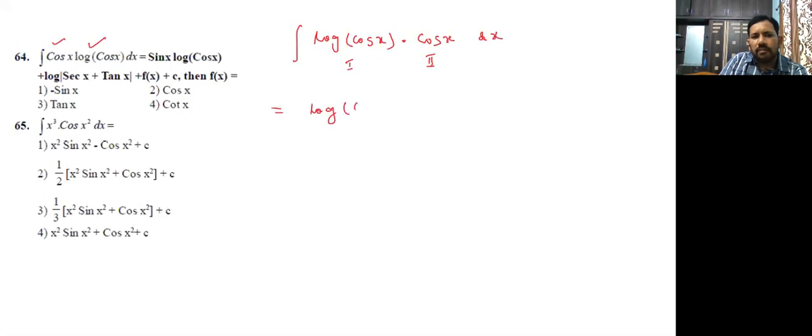Logarithm of cos x integration cos x dx minus integration of the derivative of log cos x. What is that? Derivative of logarithm is 1 by x, and the internal derivative we get minus sin x, into integration cos x dx, and whole dx.